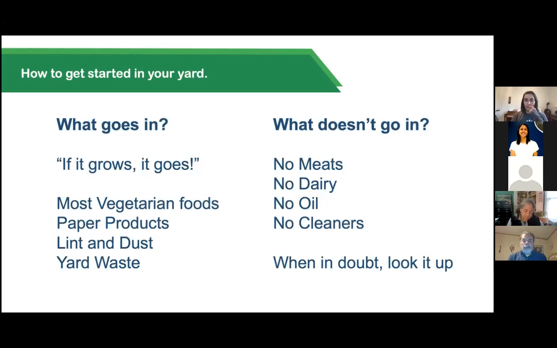So most vegetarian foods, but no dairy, paper products. This is your cardboard, your junk mail, your paper towels, things like that. They can go right into your compost. So you don't want anything that has cleaner on it. And you'll see in the what doesn't go in is no cleaners.